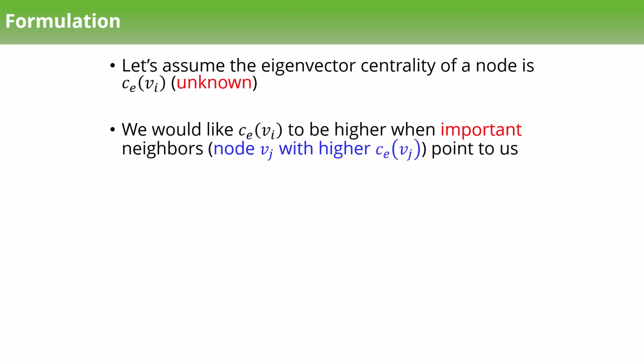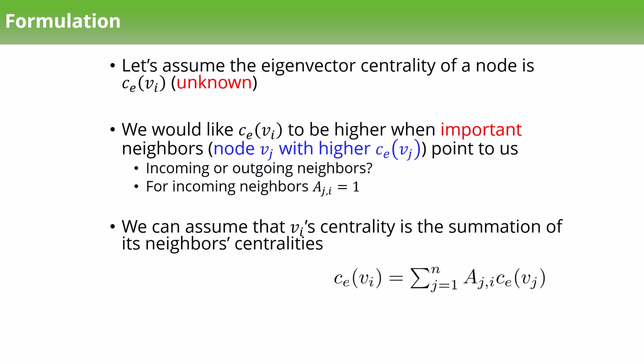Next is the formulation. A node should receive a high centrality value if important neighboring nodes point to it. For example, if important A connects to B, and A has a high centrality and points to B, then B receives a stronger contribution.